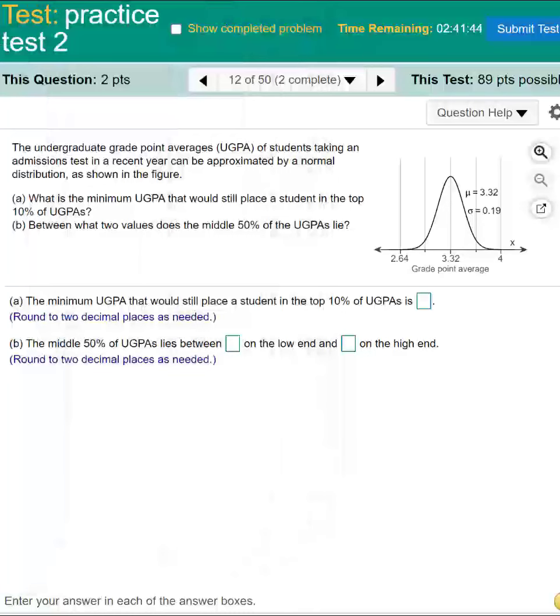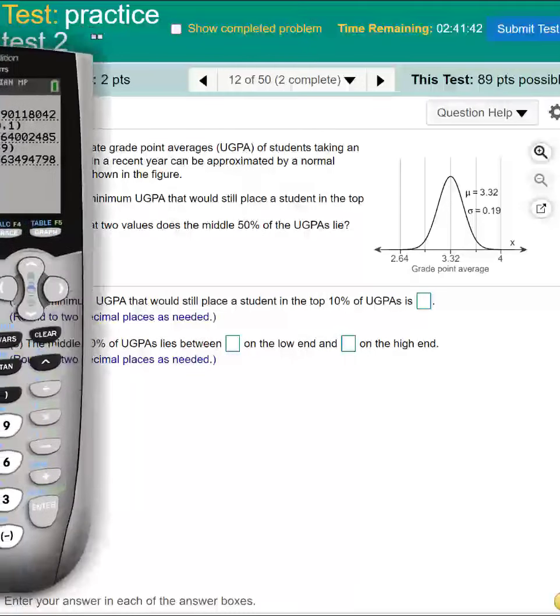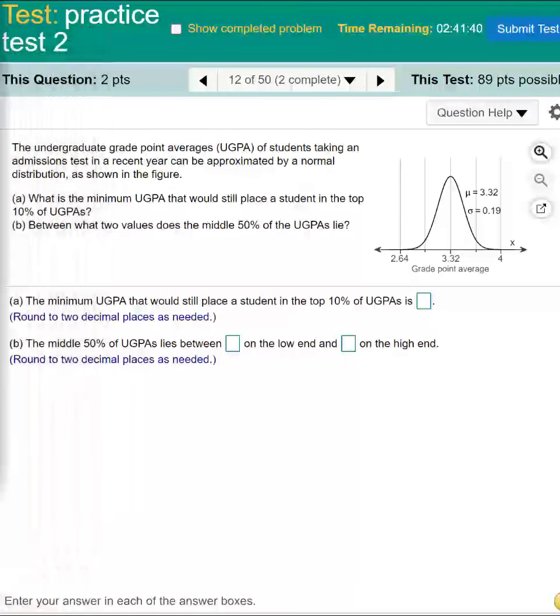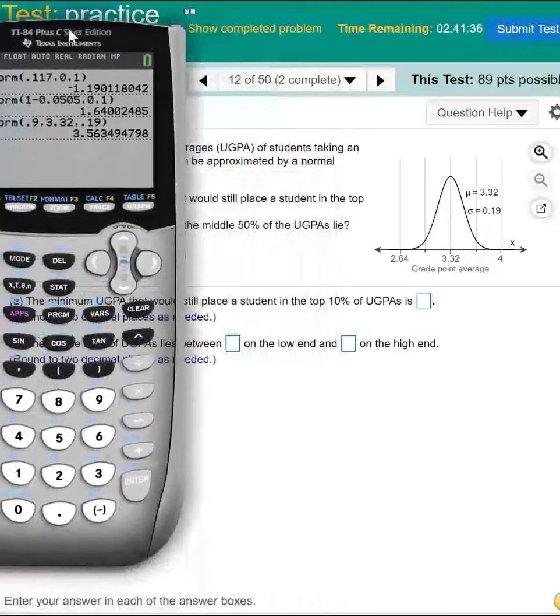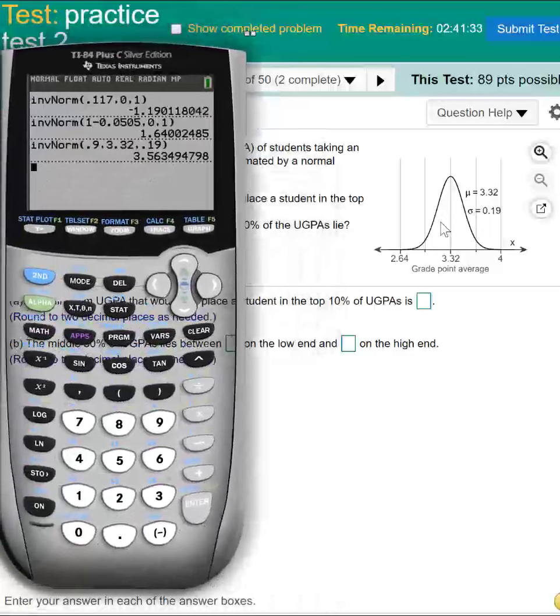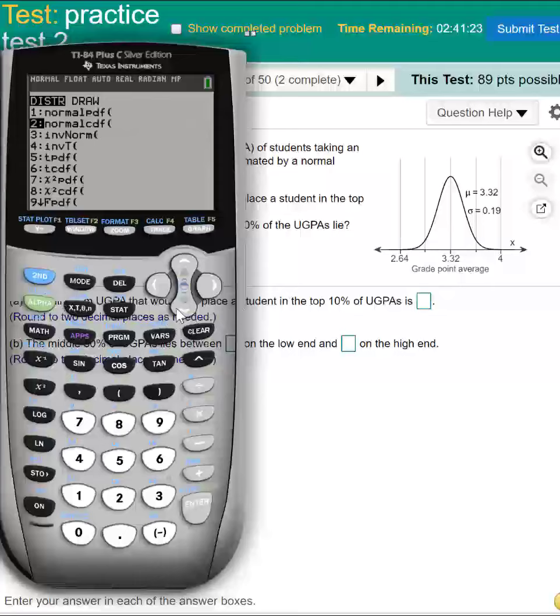Between what two values does the middle 50% of the UGPA lie? Okay, middle 50%, so you put 50% right in the middle, then you're going to get 25% on each tail. So you do the inverse norm on the first 25%.